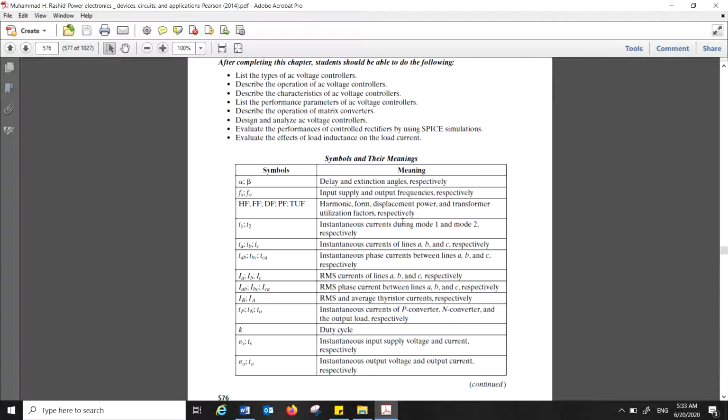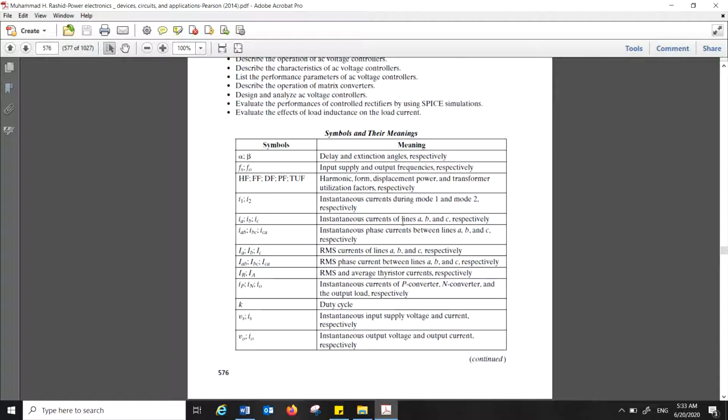Small letters only denote instantaneous values. K is the duty cycle. vs, is are the instantaneous input supply voltage and current respectively. vo is the output instantaneous voltage and io the current.